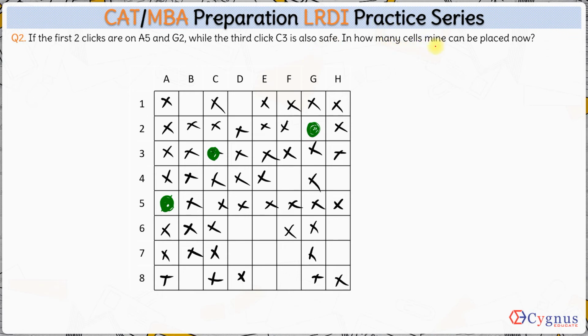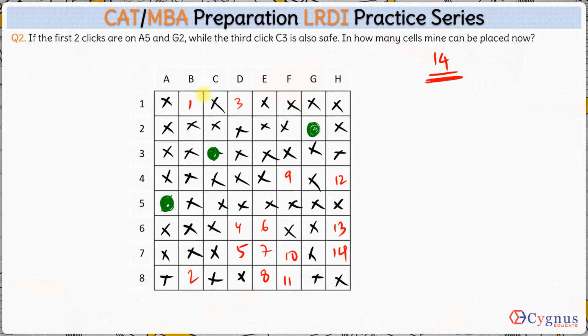So in how many cells can a mine be placed now? Let's see. There is 1, 2, 3, 4, 5, 6, 7, 8, 9, 10, 11, 12, 13 and 14. So there are 14 cells in which mine can be placed. So the answer to this question is 14 here.